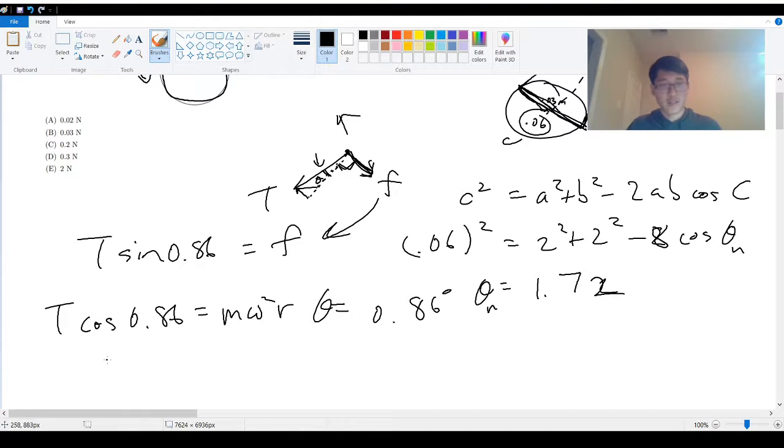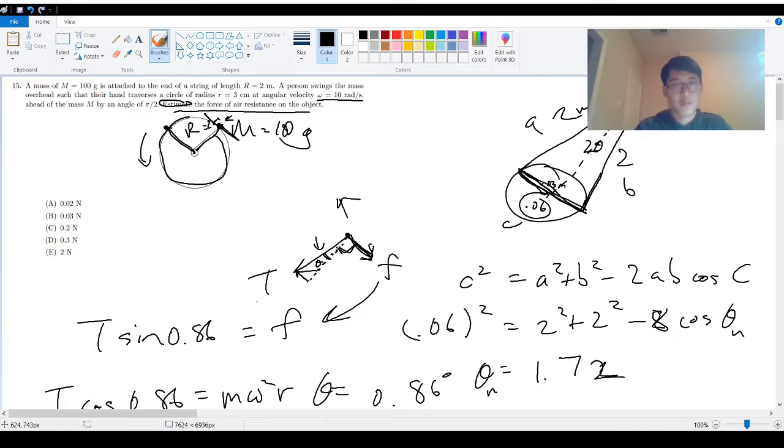So tension is equal to M omega squared times r. M is 100 grams, so 0.1 kilograms, times omega squared, so 10 squared, times the radius, which is approximately 2 meters. We can just approximate it like that.